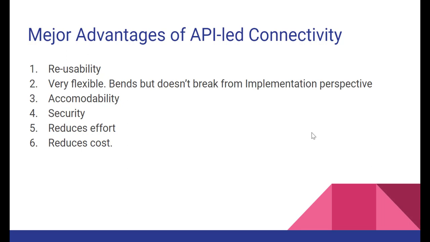In that case there could be some changes in the way of interacting with that particular new system, right? So you need to adjust your Java code, and that would be much effort, because that is tightly coupled code, right? So that is the advantage we get from API-led connectivity.